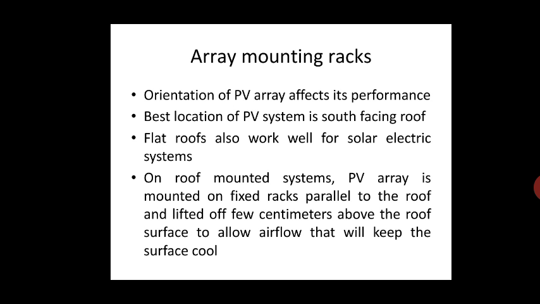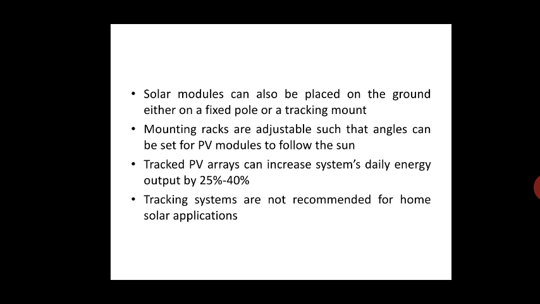Next, array mounting racks. The orientation of the PV array affects its performance. The best location for a PV system is a south facing roof. Flat roofs also work well for solar electric systems. On a roof mounted system, the PV array is mounted on fixed racks parallel to the roof and lifted a few centimeters above the roof surface to allow airflow that keeps the surface cool.